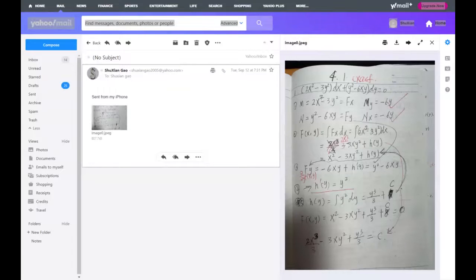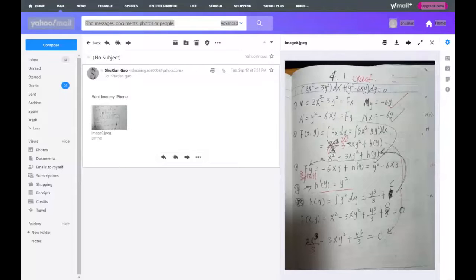You can see I have the arrow over there. Substituting g(y), y cubed over 3 plus c, into here, we get f(x,y) equals 2x cubed over 3 minus 3xy squared plus y cubed over 3 plus c.